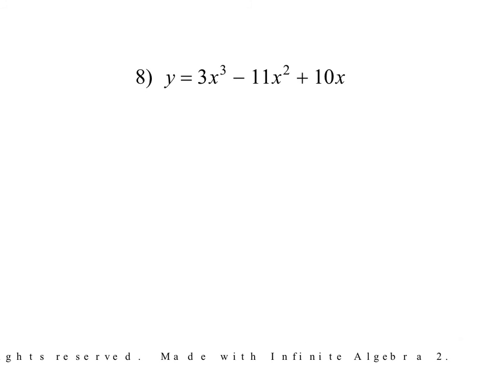All right, last one, number 8. What do we do first? Take out an x. So then we're left with 3x squared minus 11x plus 10. What do we do next?